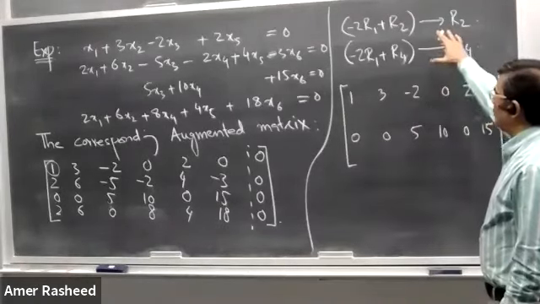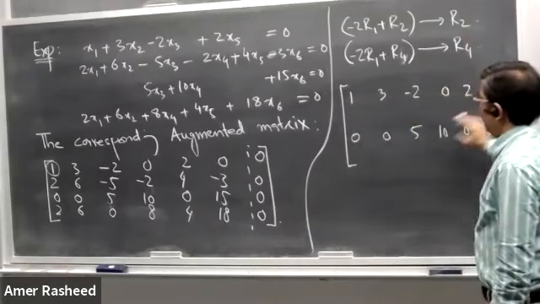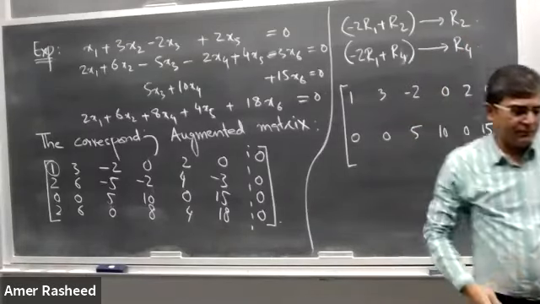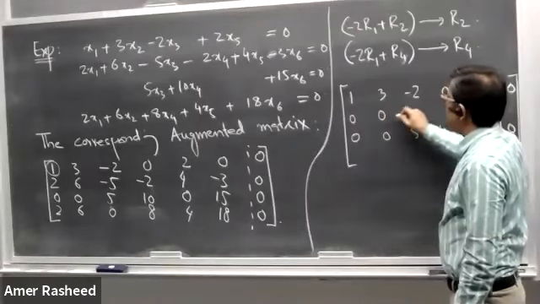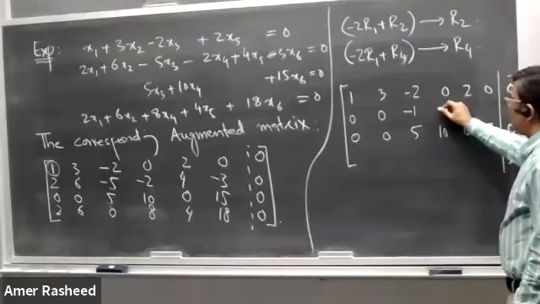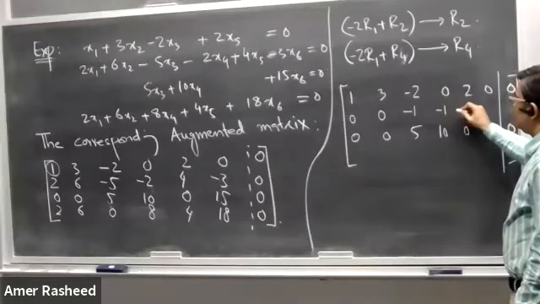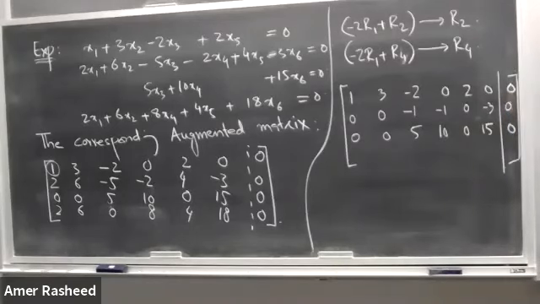After applying these operations, what do we obtain? Tell me these two rows. So the second row is 0, 0, -1, -1, 0, 0, -3, and the right hand side is again obviously 0.